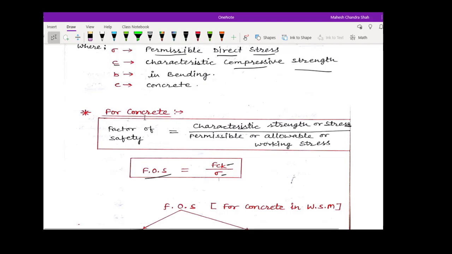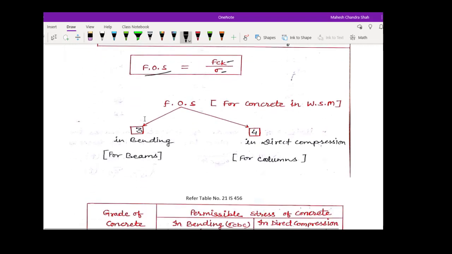As per the code, FOS for concrete in WSM, only in WSM, there are two methods, WSM and LSM, but in WSM FOS is 3 when we take a member in bending, and in direct compression we take FOS as 4. So for beams in WSM the value will be 3, and if you are analyzing a column by the WSM method, you will take FOS as 4.